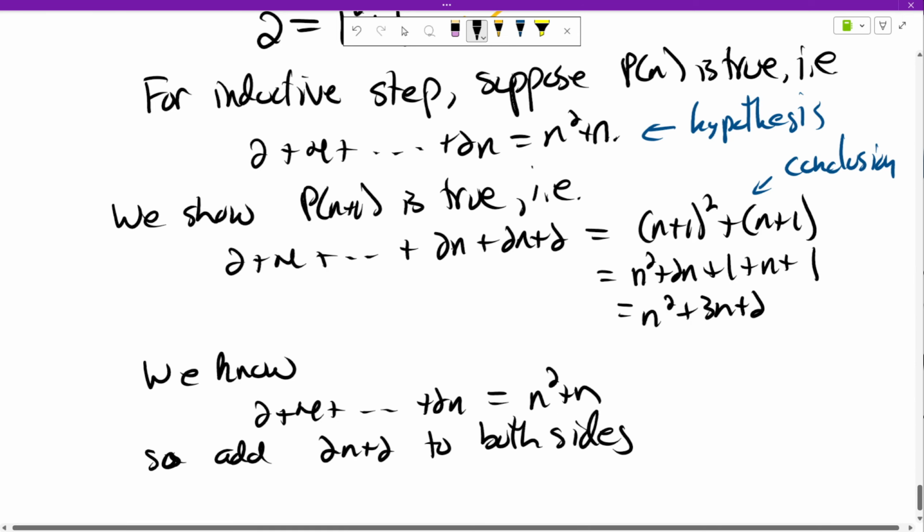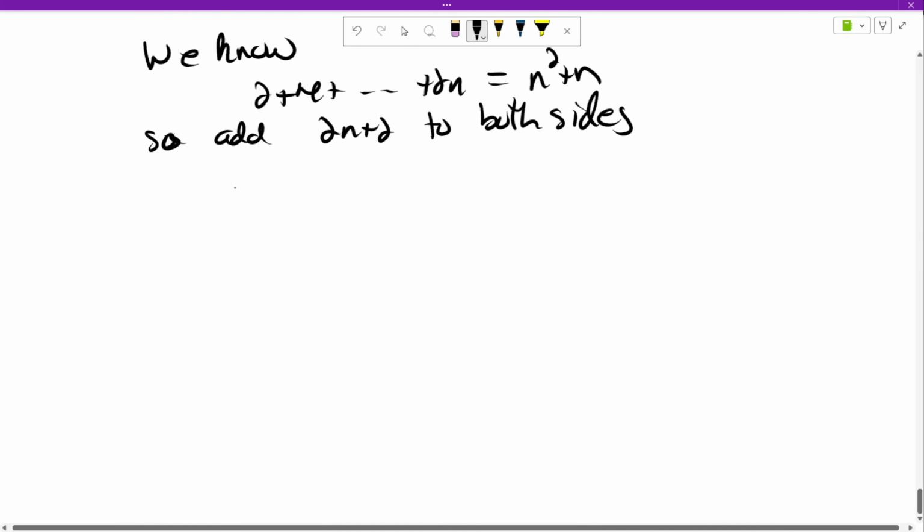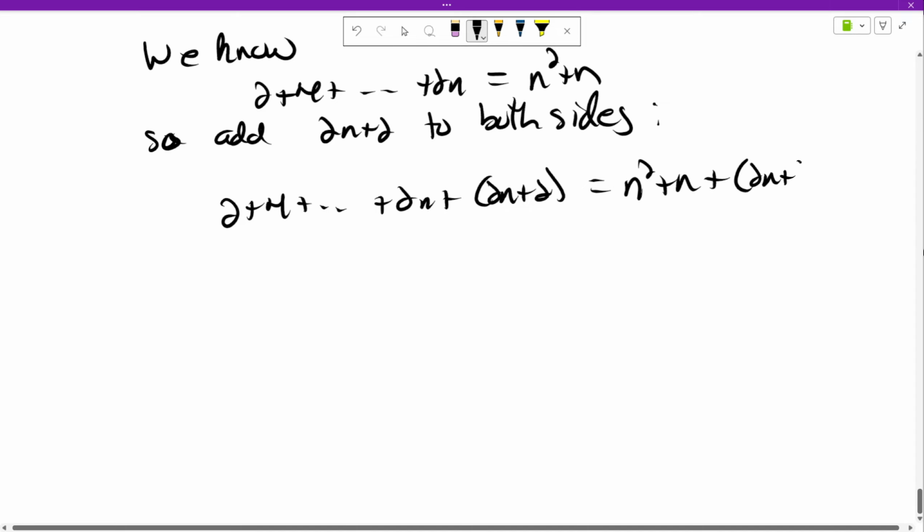And if we add 2n plus 2 to both sides, that's going to create exactly what we want. It's going to create the left-hand side of our conclusion. So I'm going to scroll down quite a bit now. When we add in 2n plus 2 to both sides, we're going to get 2 plus 4 plus up to 2n plus (2n plus 2) is equal to n squared plus n plus (2n plus 2).